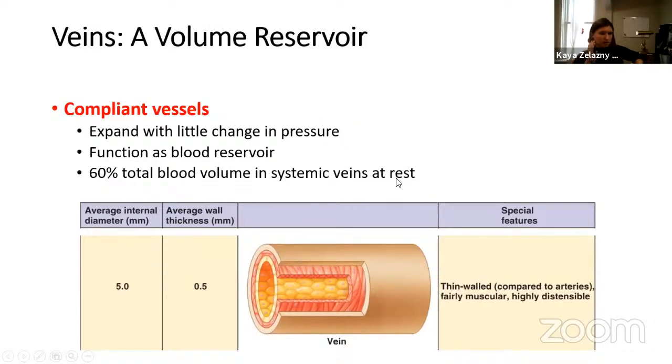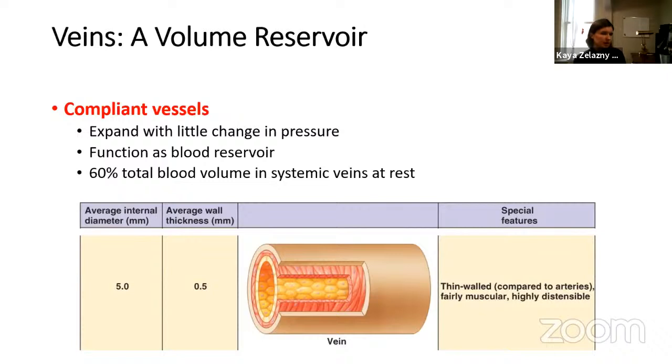This is the last thing I want to touch on before we break for today. So the purpose of the veins is basically as a volume reservoir. So they're going to be holding a lot of blood. They're going to be keeping your blood volume up. And they're able to do this because they are highly compliant.